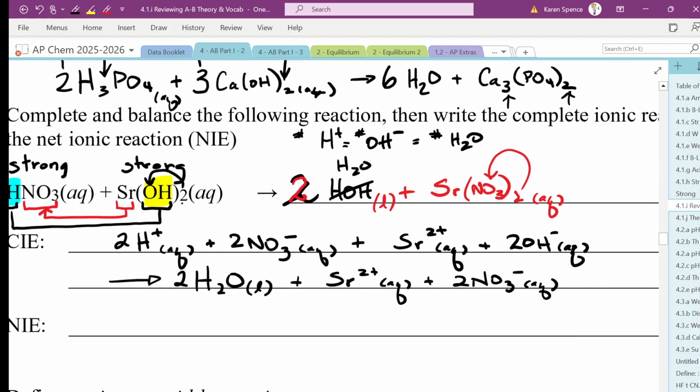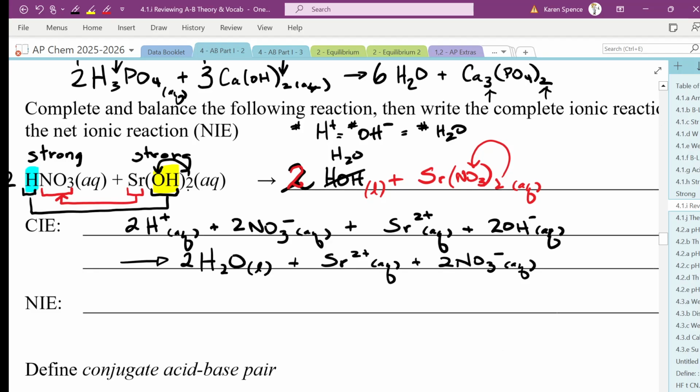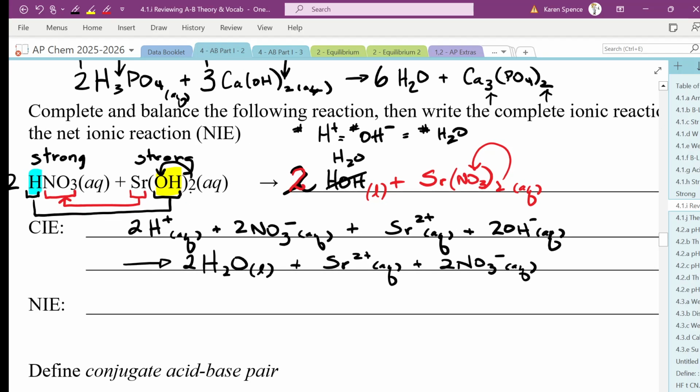And net ionic equation. Who are our spectator ions? Sr2 plus is a spectator. Who else? 2 NO3 minus. And I'm really glad we did this one, because is this the correct net ionic equation? 2H plus 2OH minus gives 2H2O?